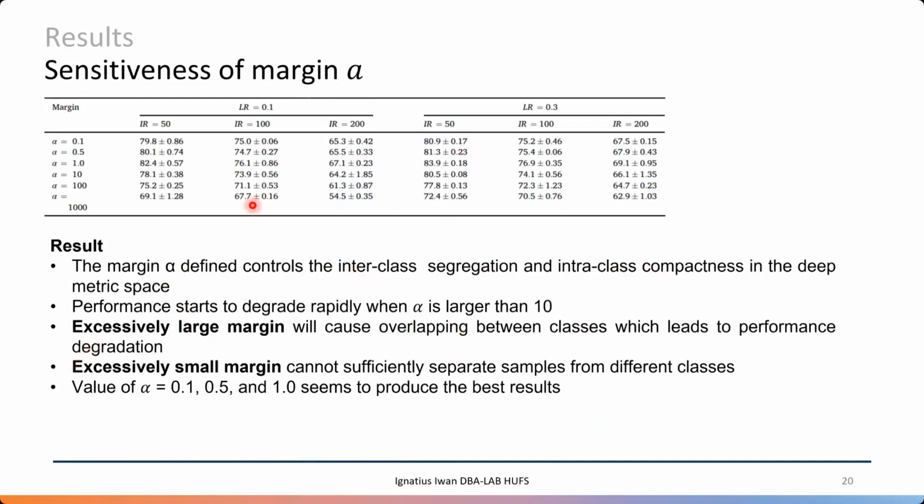So we can see in here, the performance starts to degrade rapidly when alpha is set larger than 10. So from this result, we can see that an excessively large margin will cause overlapping between classes, which leads to performance degradation, and an excessively small margin cannot sufficiently separate samples from different classes, and therefore also decreases performance. So based on this experiment, the value of alpha is optimal at 0.1, 0.5, and 1.0.